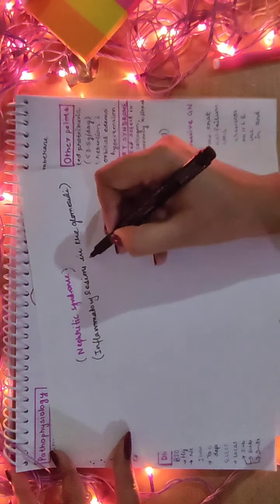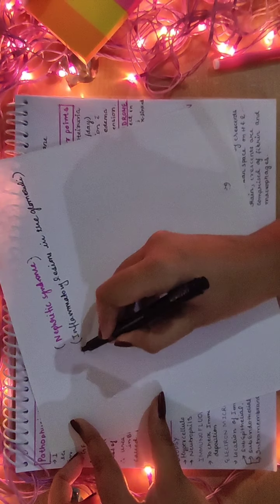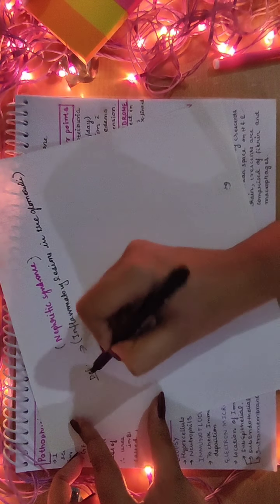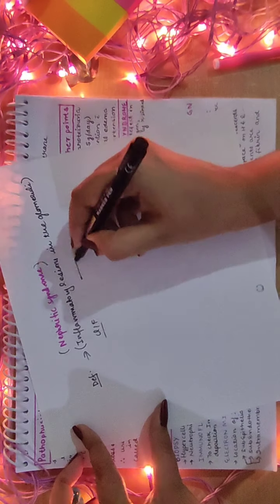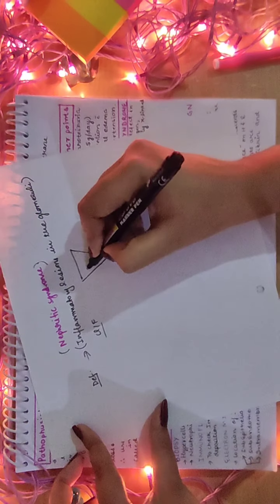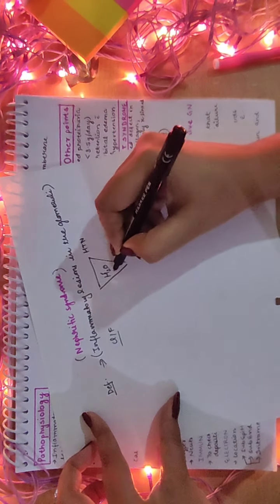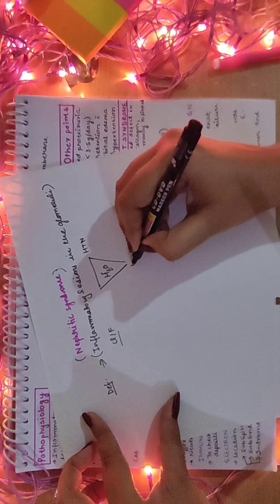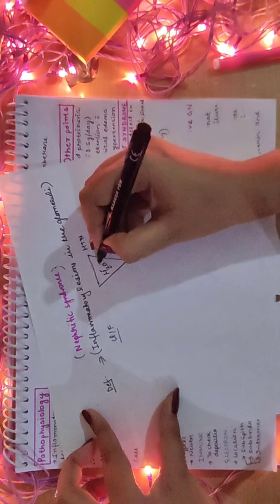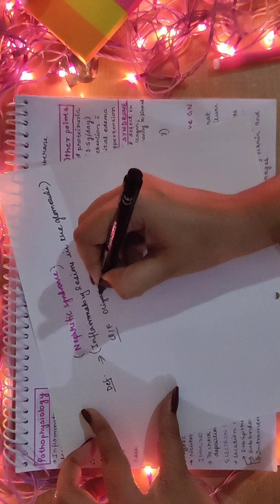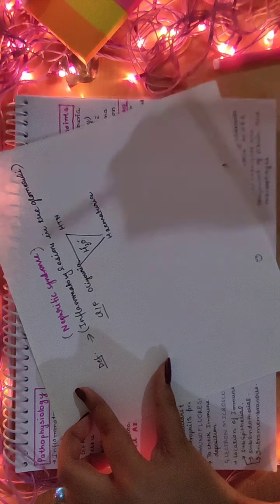Okay, now since we know the definition, we need to understand its clinical features. We have to remember 3 points, and the mnemonic for that is H2O. H stands for hypertension, the other H stands for hematuria, and the O stands for oliguria.